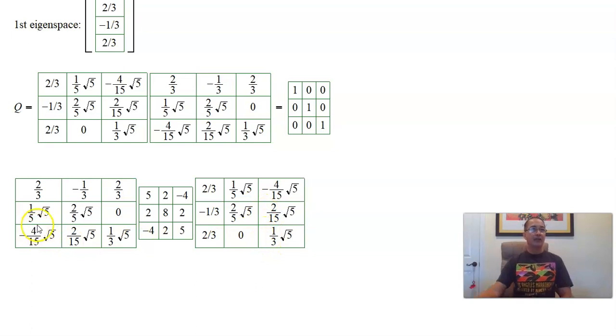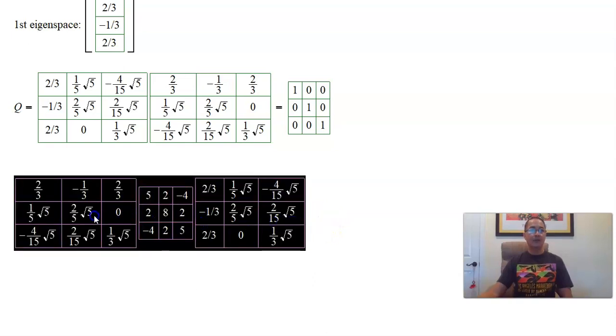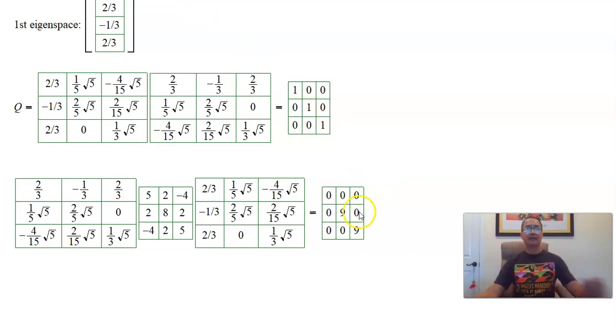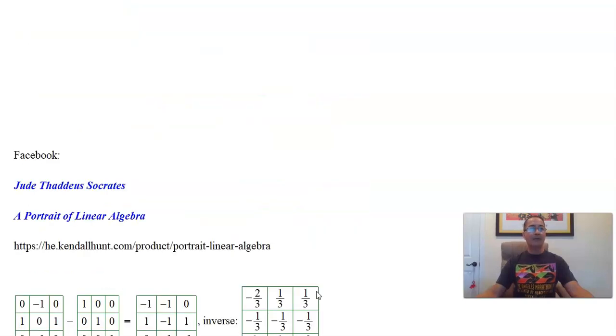So that is our Q transpose A Q. Drum roll, when we expand this out, we should get 0, 9, 9. All right. That's orthogonal diagonalization. That's our last video for Math 10.